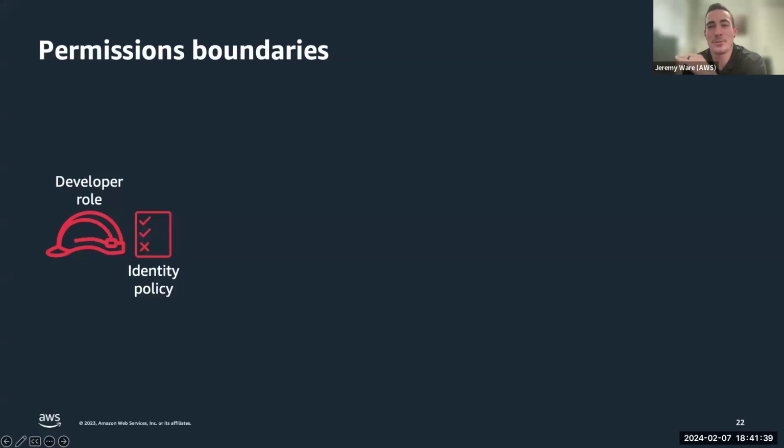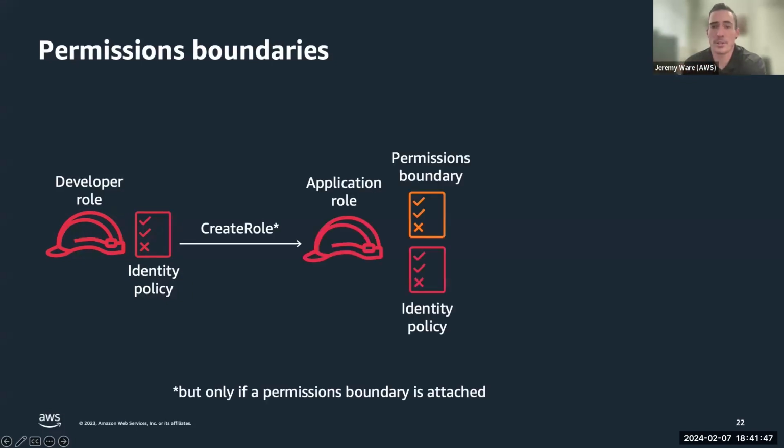So the primary use case is not that you would apply a permission boundary to every identity that comes into your organization, but rather, for example, we want to grant developers access to create roles so that they can create roles for Lambda functions, EKS clusters, right? To be able to go out and reach out to the back end of the service and do what it needs to do. But what we don't want is developers creating star roles that elevate their own privileges and give them access to things that we don't want them to have.